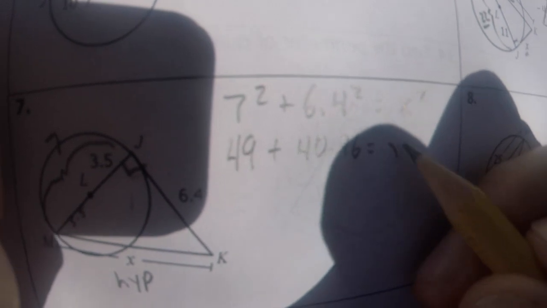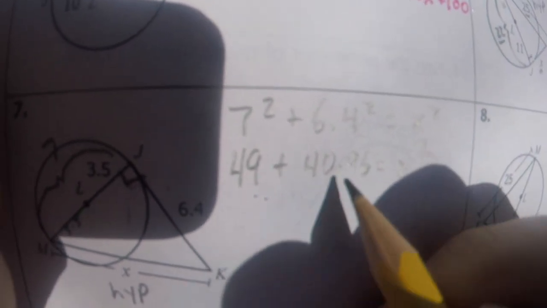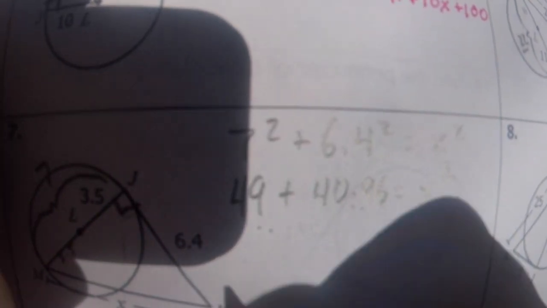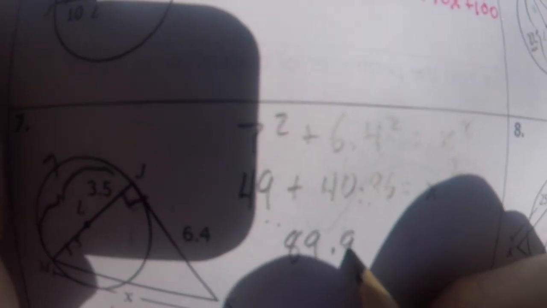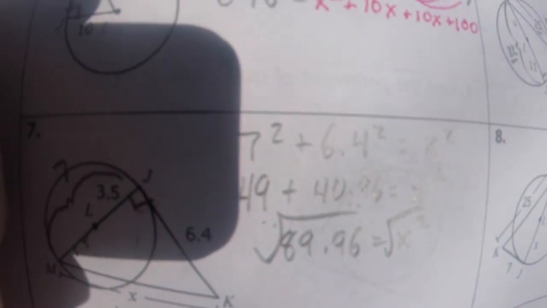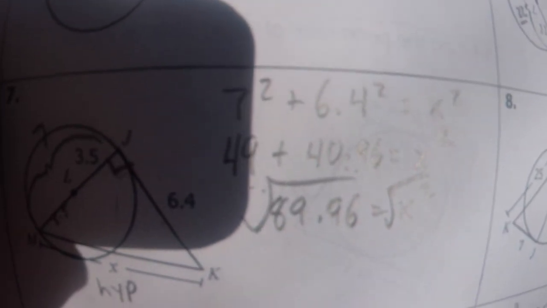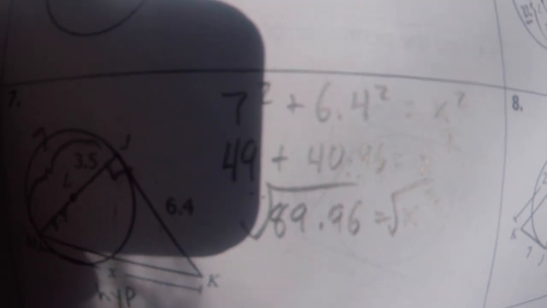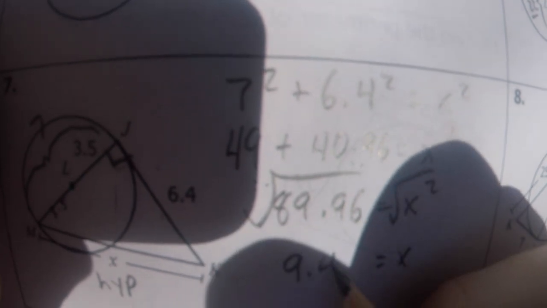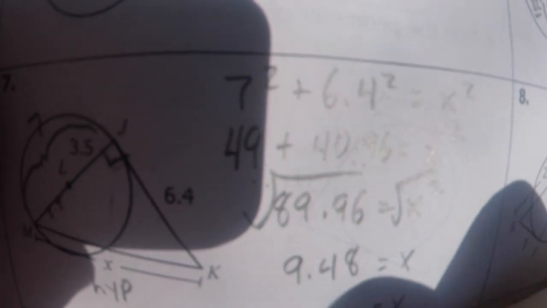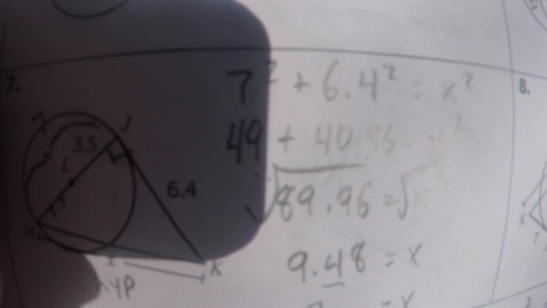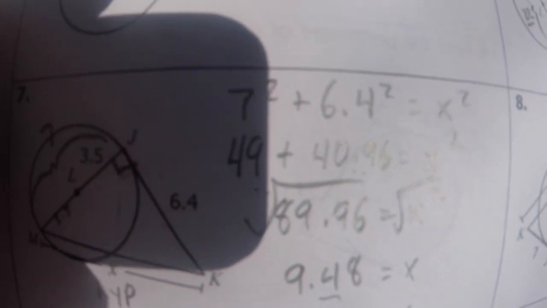If I add these two together, I get 89.96 equals x squared. Then if I take the square root of both sides, I get 9.48. x equals 9.48. Since we're rounding to the nearest tenth, I would round this to 9.5.